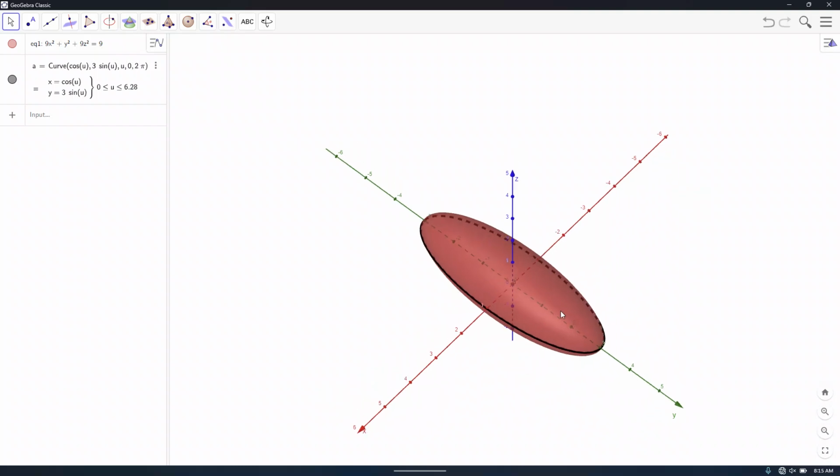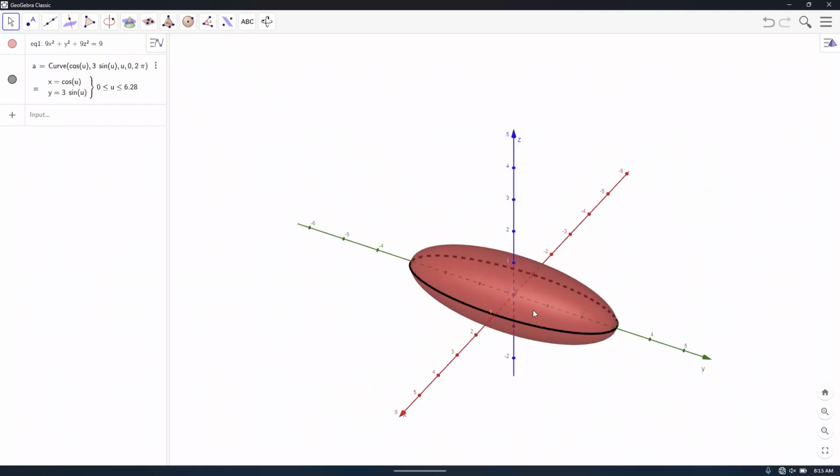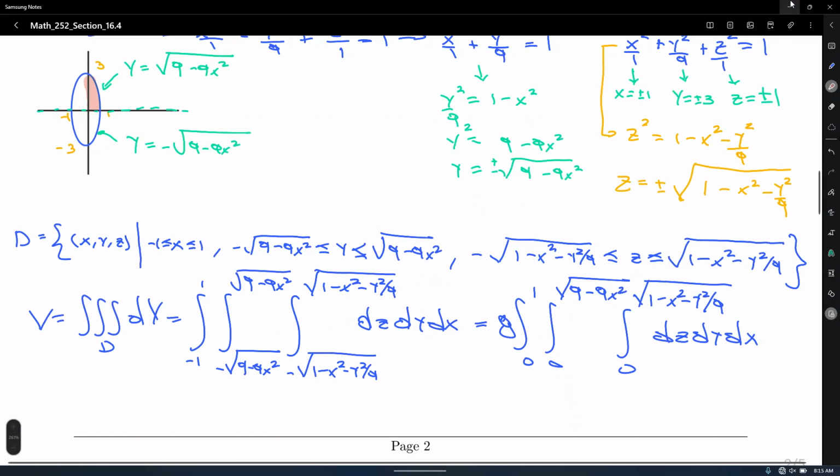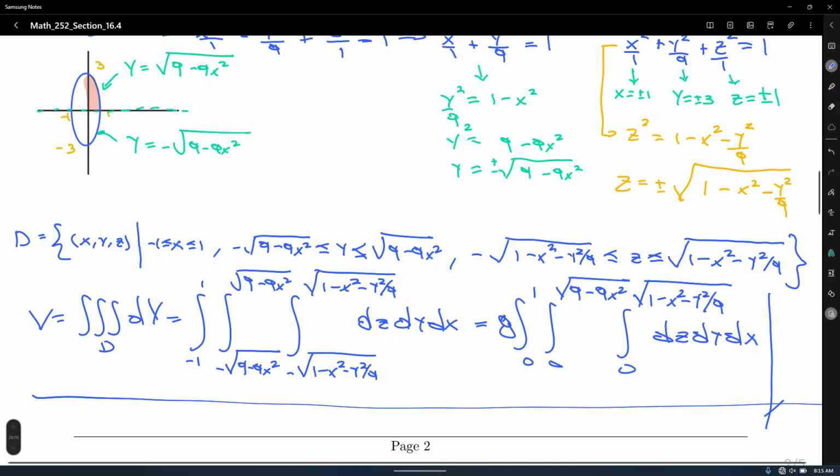So really we're finding the volume in the first octant. First octant, second octant, third octant, fourth octant. There are 4 octants plus another 4 below equals 8. All right? So either way, you don't have to use the symmetry property here. That's fine. Either way will be okay.